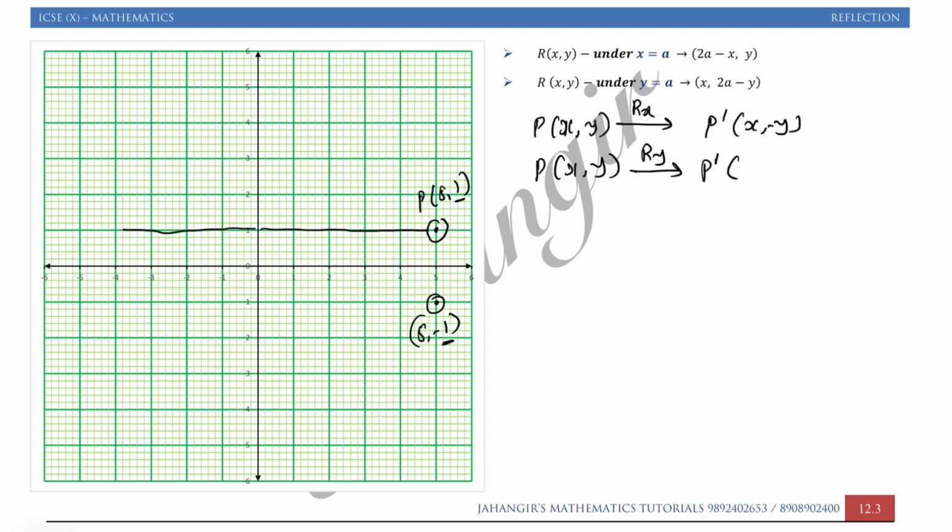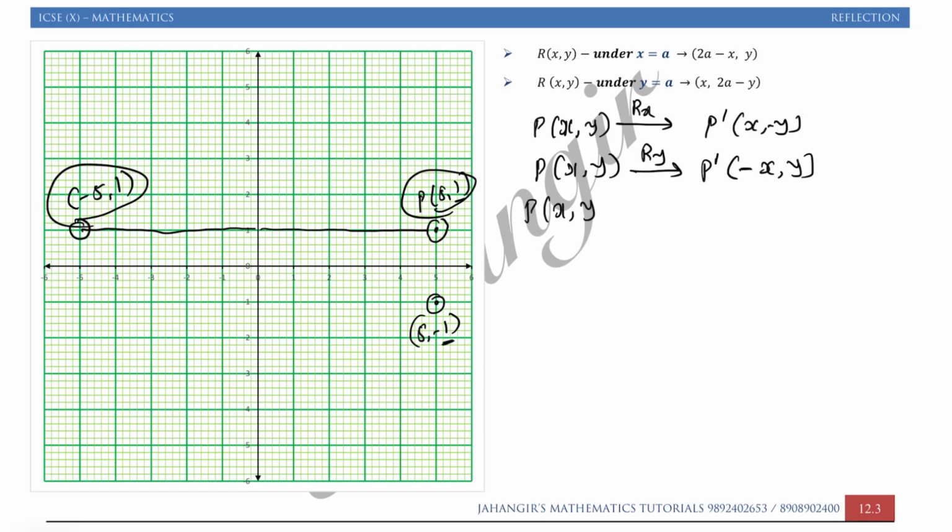Again 5 units it will go away. So the point will be (-5, 1). So as you see, in reflection in the y-axis, the x coordinate changes sign.